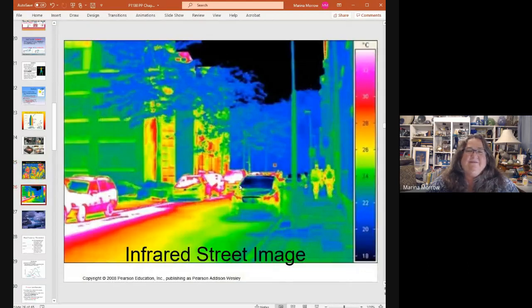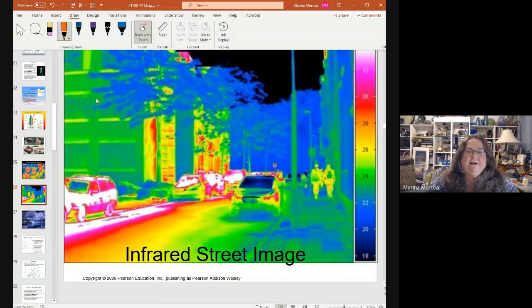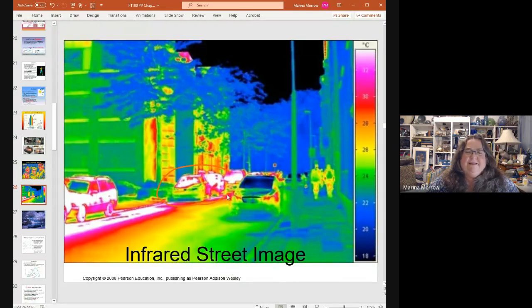Here's a street scene. And what we've got here is we've got some cars that are being heated up by the sun. And we've got some people on a sidewalk. But you can see they must be in the shade. It's a lot cooler on the right side of this street. But we also have trees.